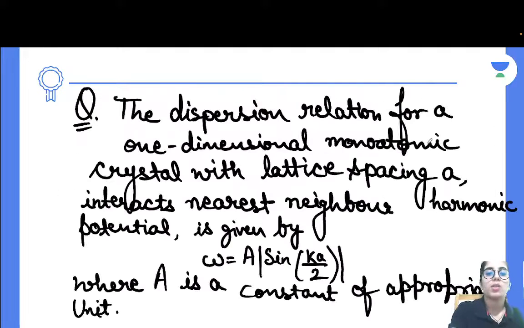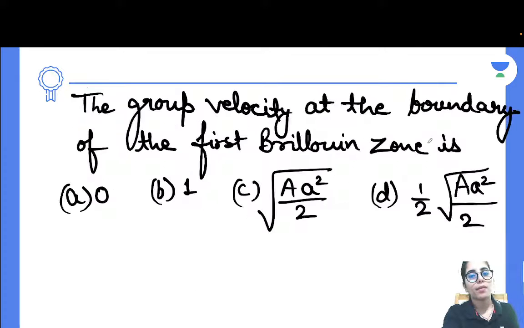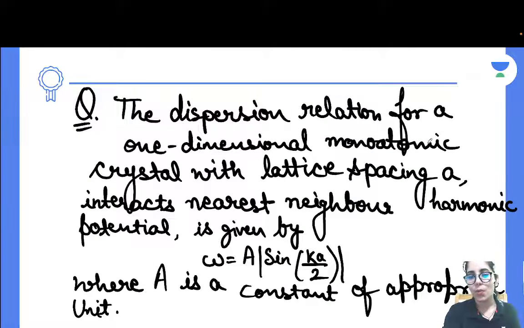So you just have to consider which option is correct, and you have to work on finding the group velocity at the boundary of the first Brillouin zone. Okay, just work on it and tell me what your right answer is. If you do not get it, I'll help you, don't worry, but I want you to try it first.